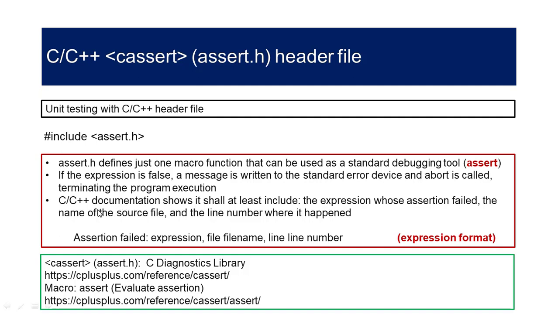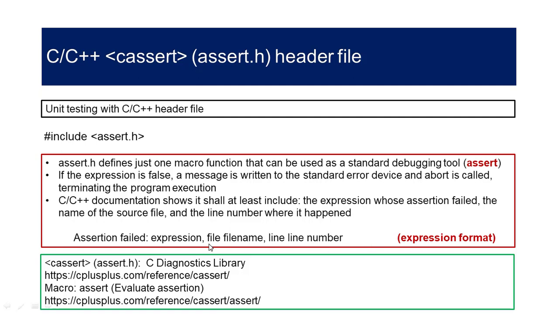In the C or C++ documentation, when the program execution is terminated, it shall at least include the expression whose assertion failed, the name of the source file, and the line number where the failure occurs.